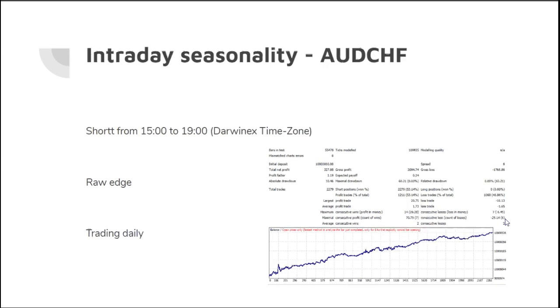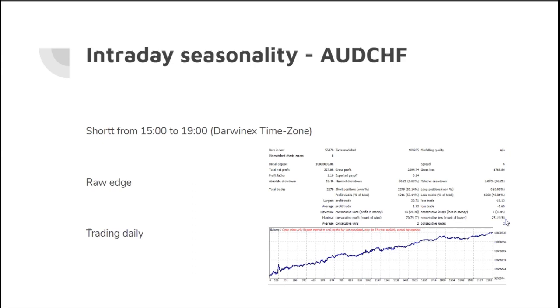And the coup de grace, our intraday seasonality on AUDCHF, Australian dollar compared to Swiss franc. So we are going to short the market from 3 p.m. to 7 p.m. Darwin's time zone, and also IC Markets time zone, that is the UTC plus 2 time zone. And we have over here this raw edge.